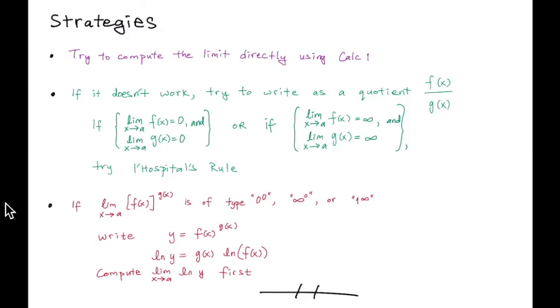And you might also be in a situation where you have the limit of powers. If it's possible to not use L'Hopital's rule, then you do it.